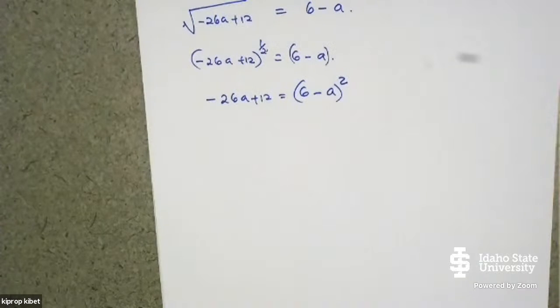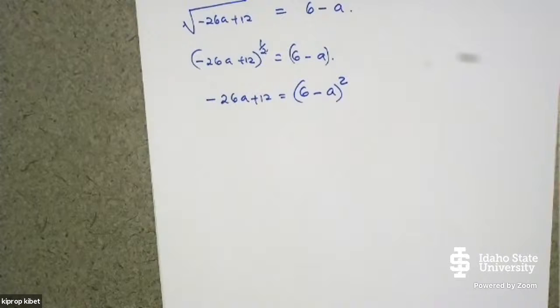If we say 6 minus a squared, it doesn't mean this is the same as 6 squared minus a squared. This is not equal to that. So what you need to do is write 6 minus a times 6 minus a.